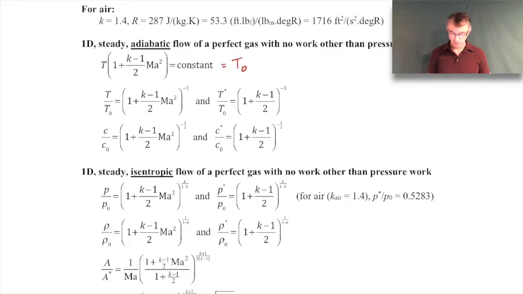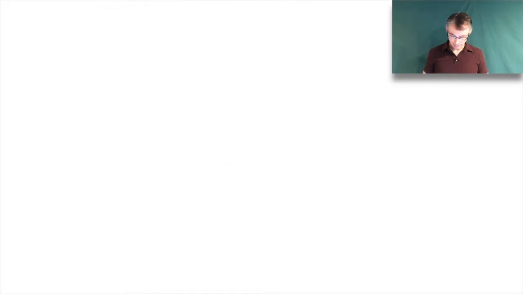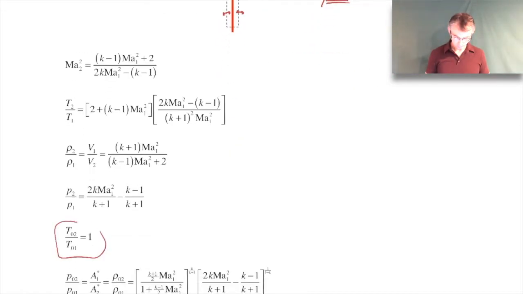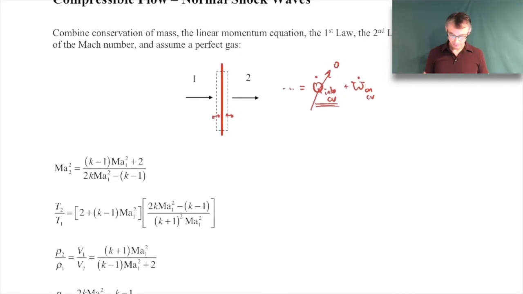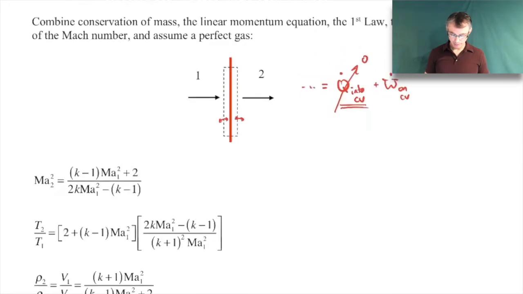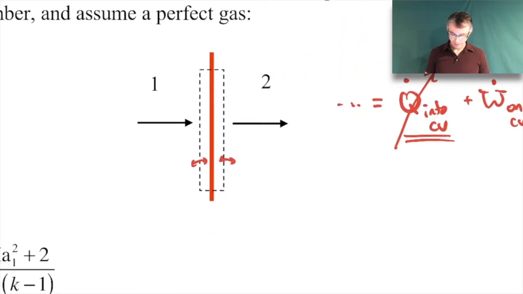So what we're saying is that the stagnation temperature will be a constant as we go through the shock wave, because it's an adiabatic process. So that's why the stagnation temperature remains constant down here. So that's an easy one to remember, that the stagnation temperature remains constant. It's worth remembering. Now let's talk about the isentropic assumption.